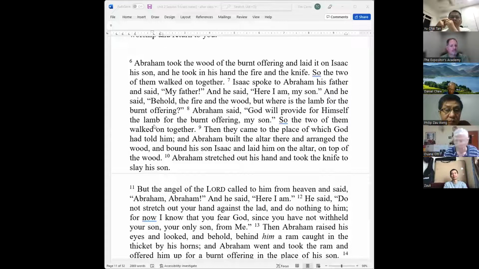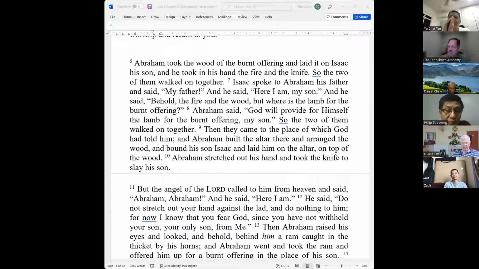Isaac spoke to Abraham his father and said, "My father." And he said, "Here I am, my son." And he said, "Behold, the fire and the wood, but where is the lamb for the burnt offering?" Abraham said, "God will provide for himself the lamb for the burnt offering, my son."